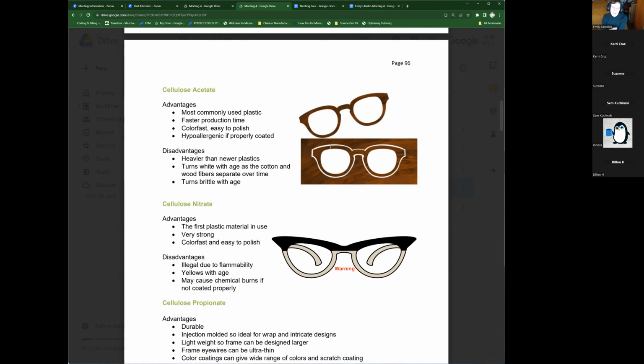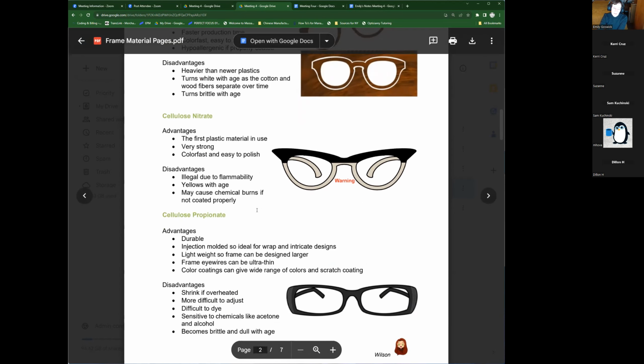But things you'd want to have in your head about this are really just, when was it an early material, or is it a current material? So cellulose acetate is one of the earlier ones. Cellulose nitrate is another one of the earlier ones.